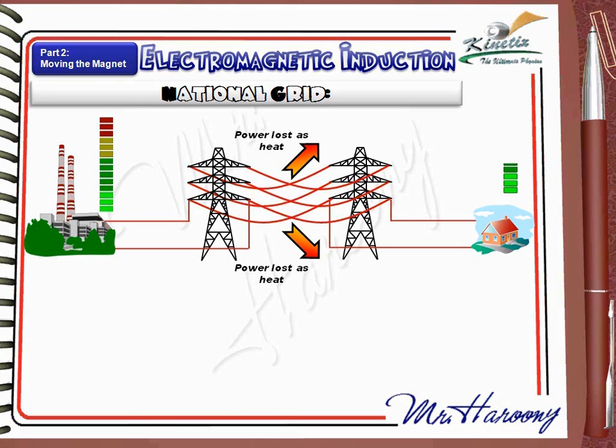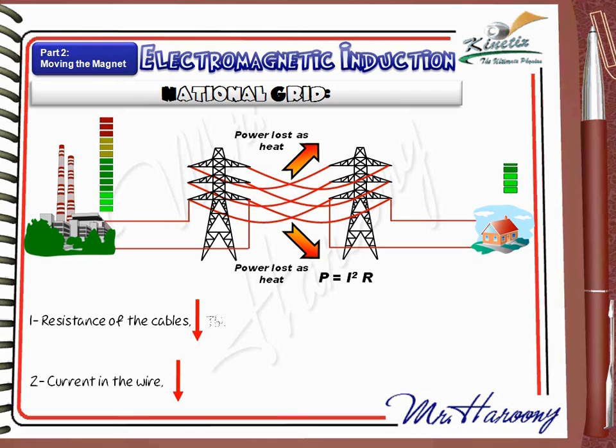The power lost in cables as heat is given by P equals I squared R. As you can see from the equation, two factors can affect the amount of power lost. Number 1, the resistance of the cables. Number 2, the current in the cables. If we minimize any one of these two factors, we can minimize the power loss.